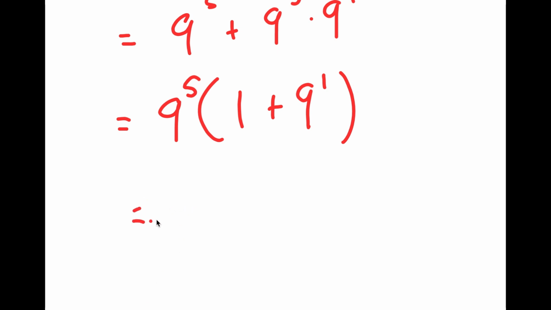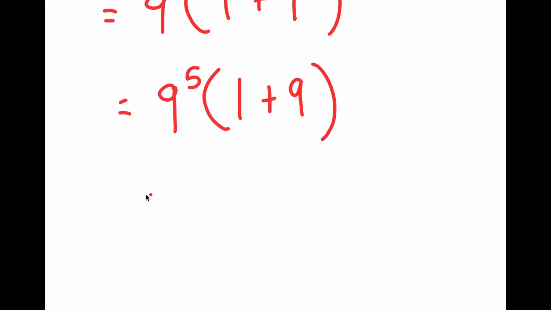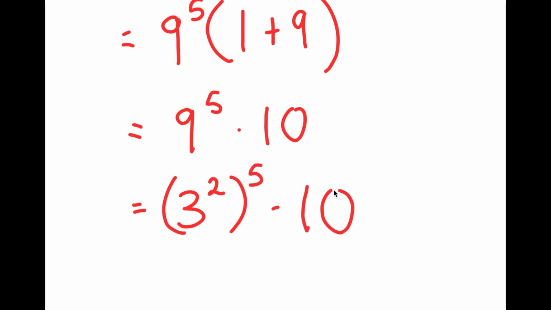So I get 9 to the power of 5 times 1 plus 9, which is the same thing as 9 to the power of 5 times 10. Now, again, just like the last problem, I'm going to rewrite 9 to the power of 5 as 3 squared to the power of 5. And I have this times 10.